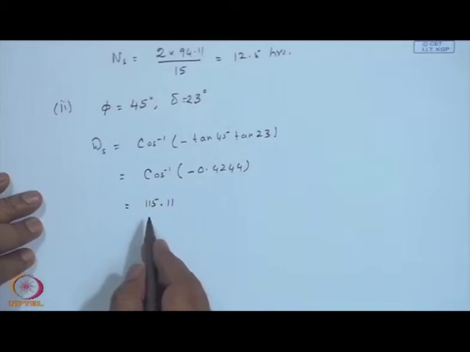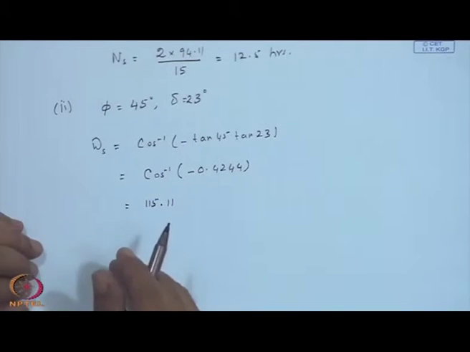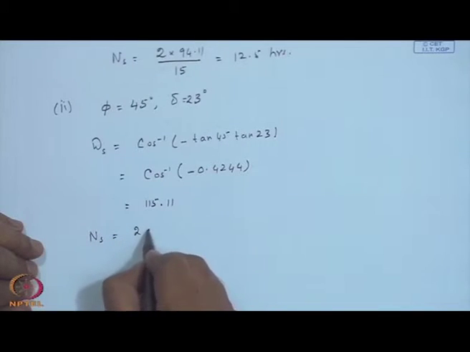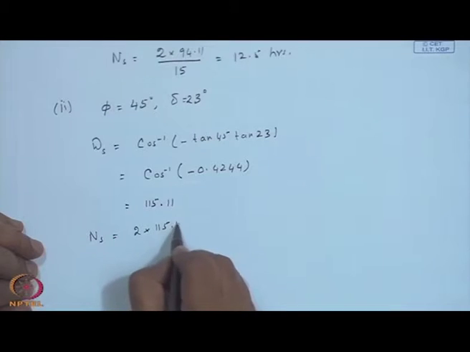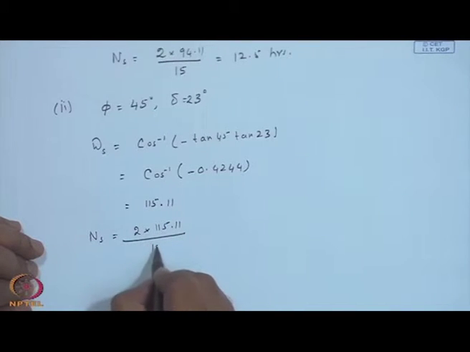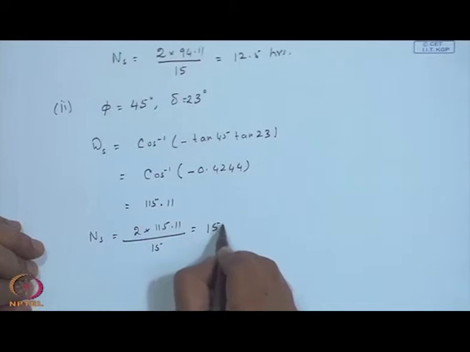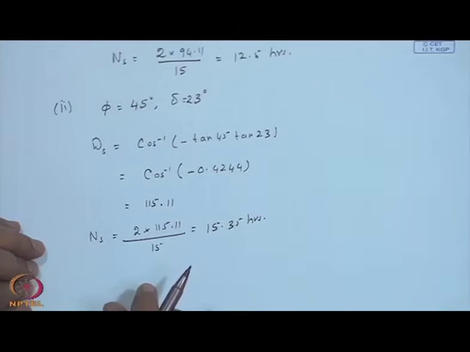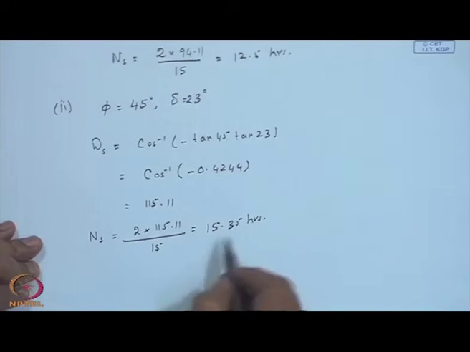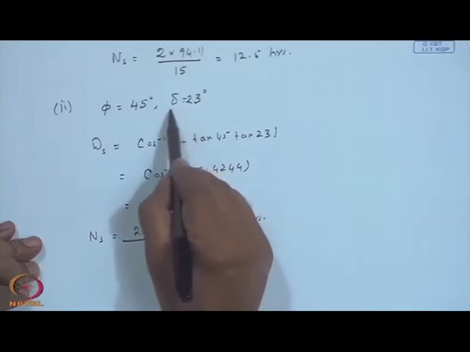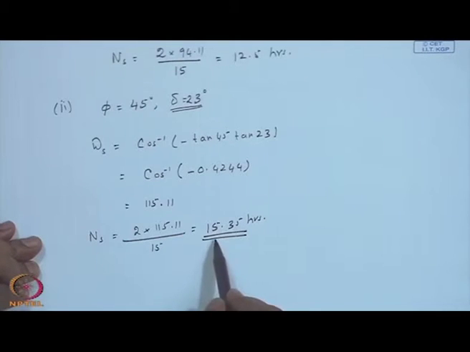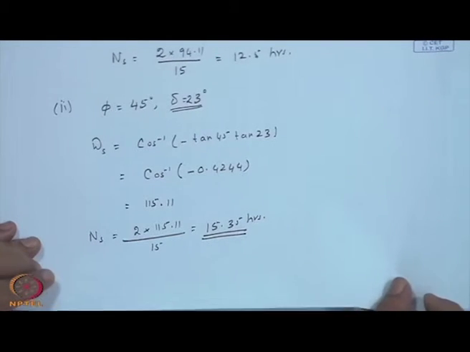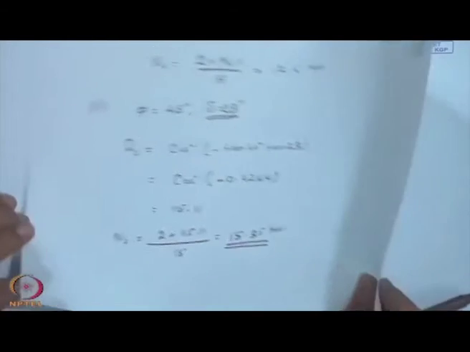That is much more than the 90 degrees of the so called average day. So, the number of sunshine hours n s will be twice 115.11 upon 15, which should be 15.35 hours. So, compared to the common perception that the average sunshine is about 12 hours, if you have a high latitude and a high declination, you have as much as 15 hours plus of daytime.